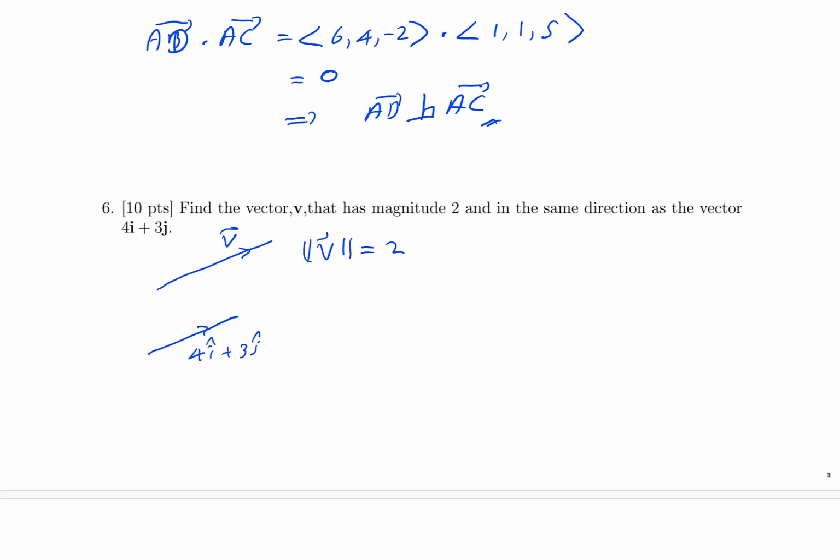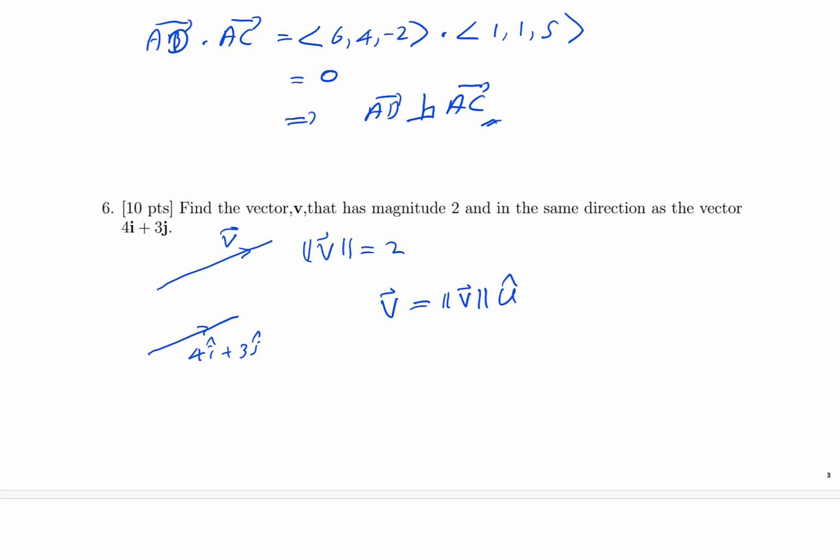Then how do we find V? Actually, vector V equals the magnitude of V times the unit vector in that direction, right? Now we need to find the unit vector in that direction because we know the magnitude, it is 2.